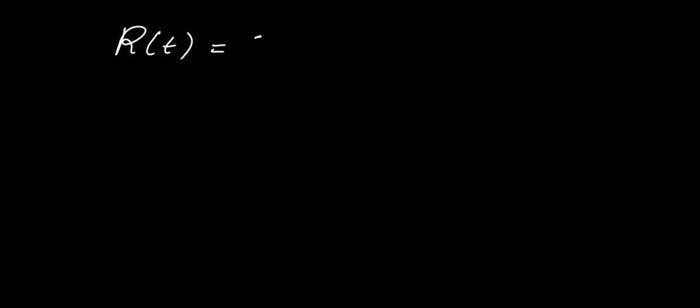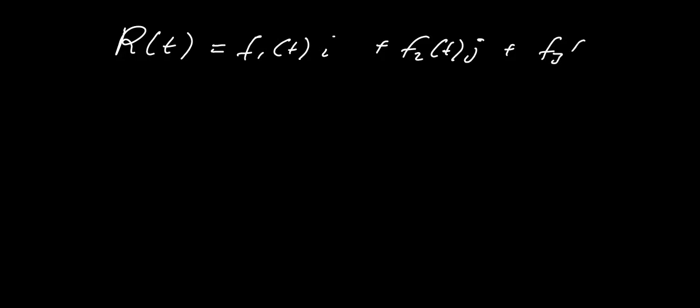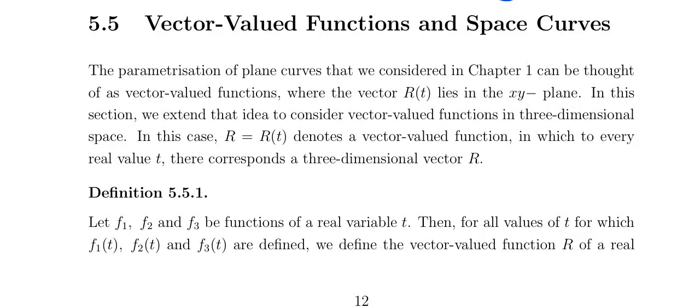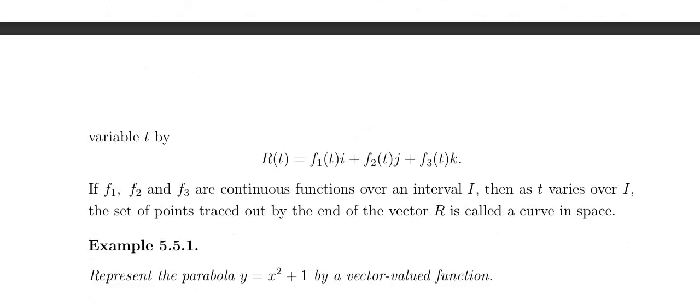You can talk about the first part, f1(t) as i, f2(t) as j, then you have f3(t) as k. So we have components. Every function in 3D can be related to a particular vector. We call them vector valued functions in space. Maybe this will help you.